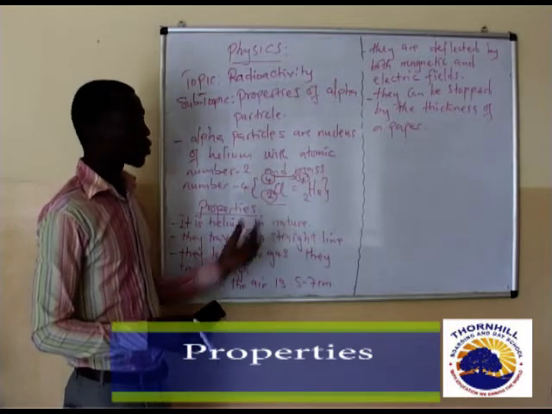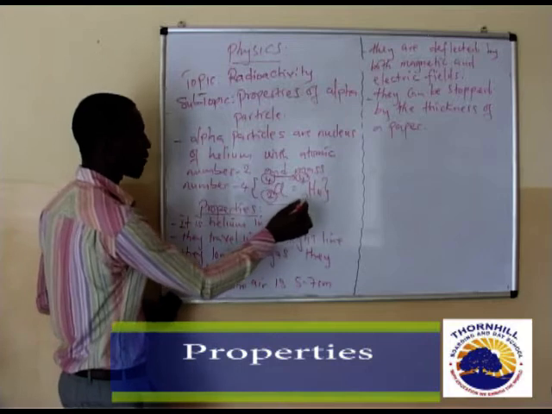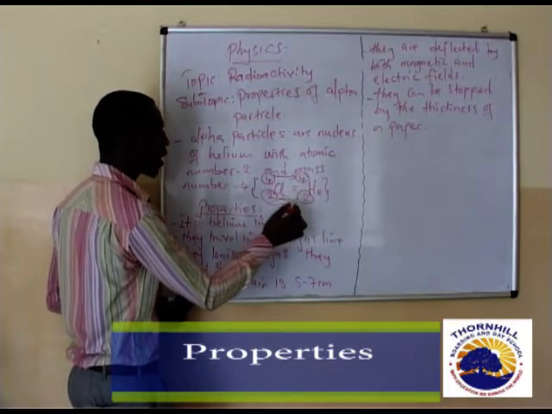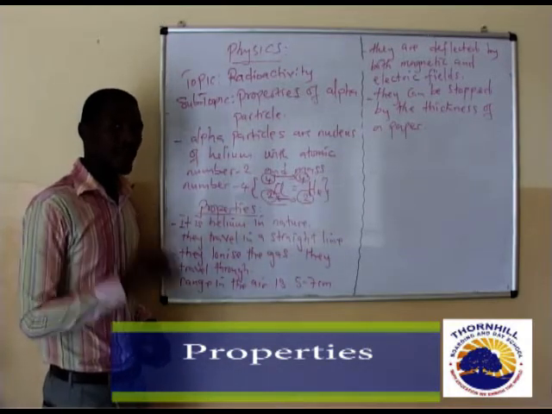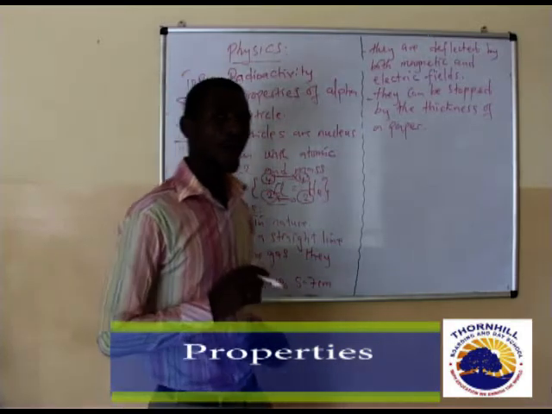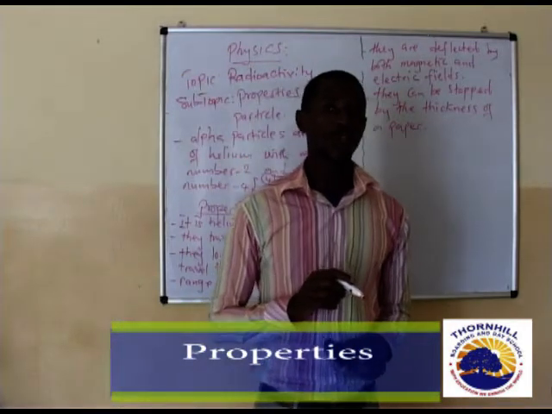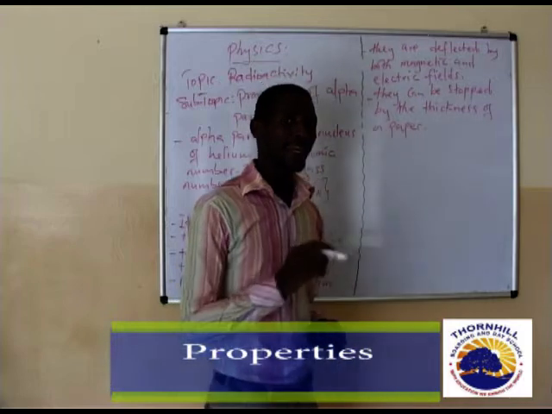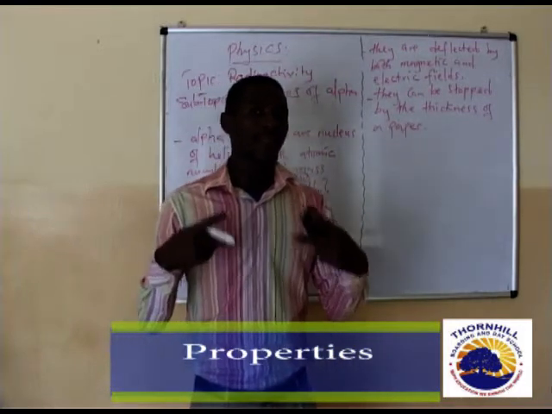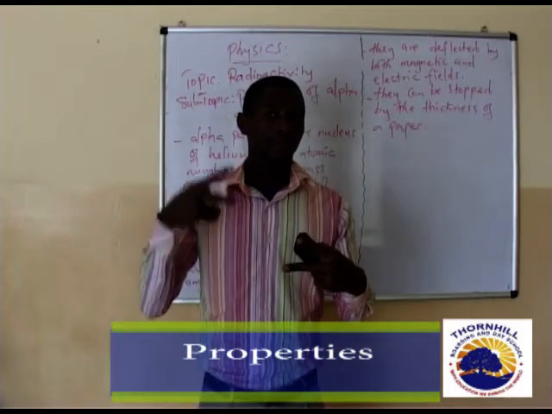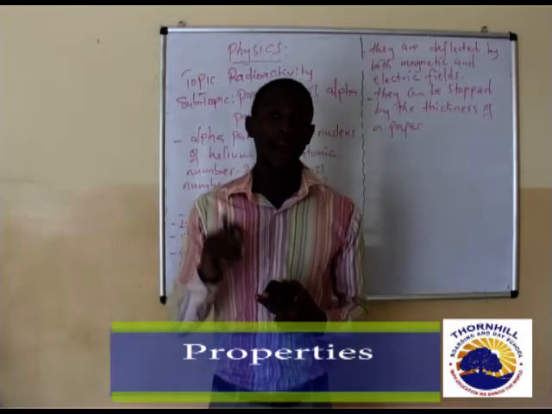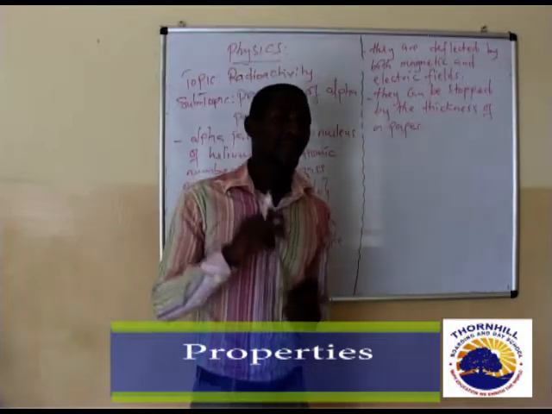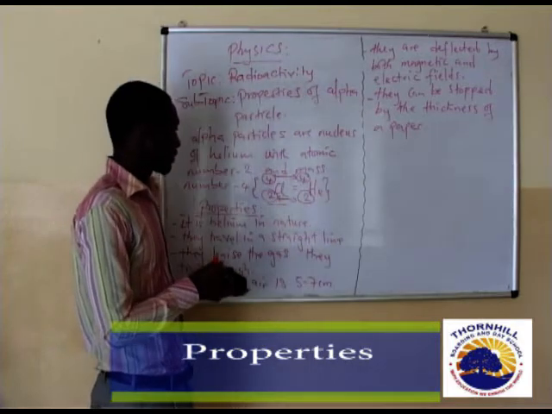Looking at the proton number, you discover that they both have similar proton numbers. That's the reason why an alpha particle is compared to a helium atom in nature, because these two have similar properties in terms of their mass numbers as well as their proton numbers.